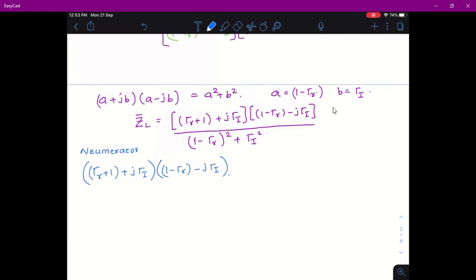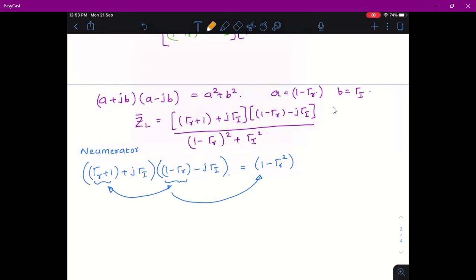So first let's multiply this and this. So you will get, this is a plus b into a minus b, which is a square minus b square, which will give you this.